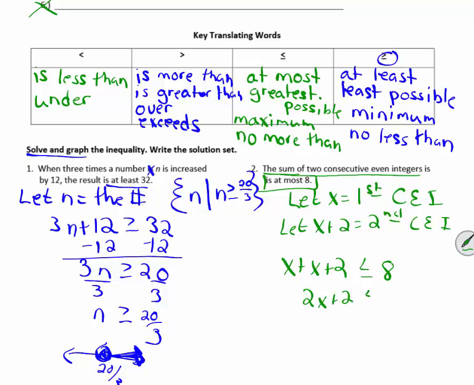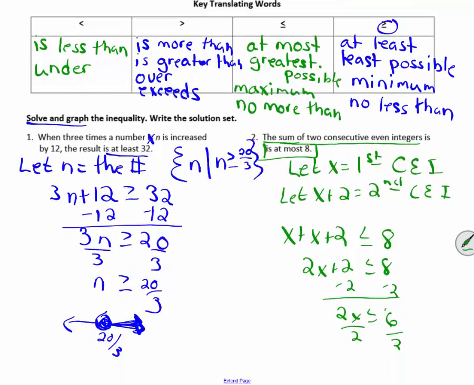Combine my like terms, subtract 2, which is 6, divide by 2, and we're getting x is less than or equal to 3. Now, here's the thing you might be saying, because I said this as well. Well, it wants even integers. So that means, first of all, when I graph it, I can do that. And we need a closed circle, and we're going to the left.